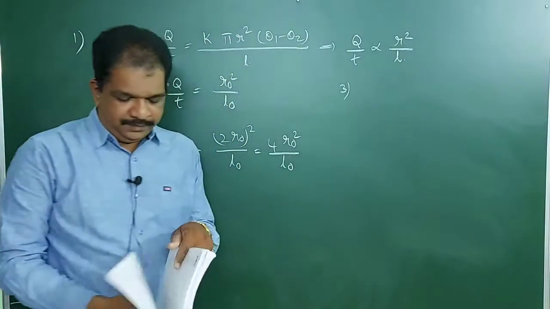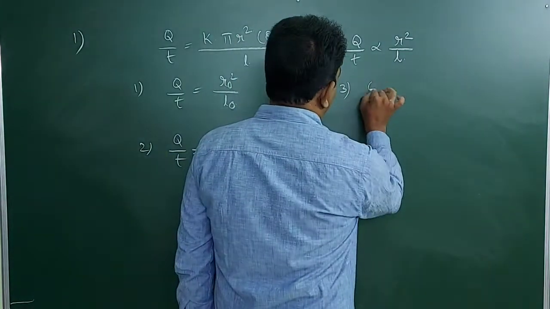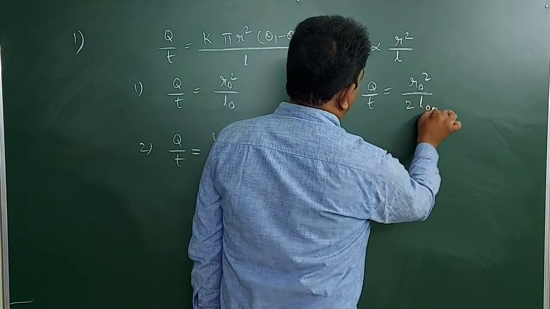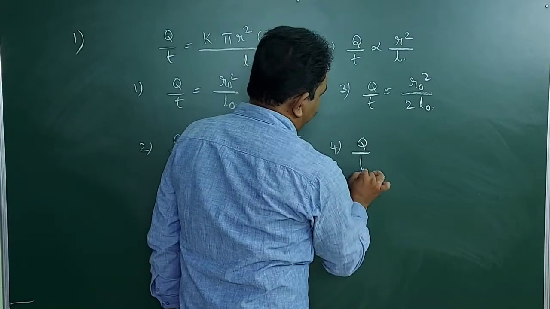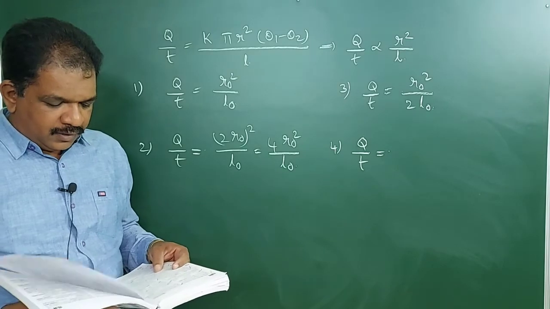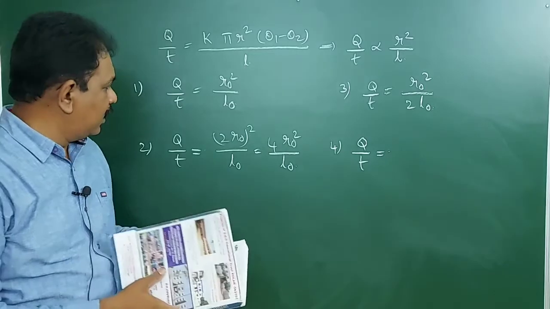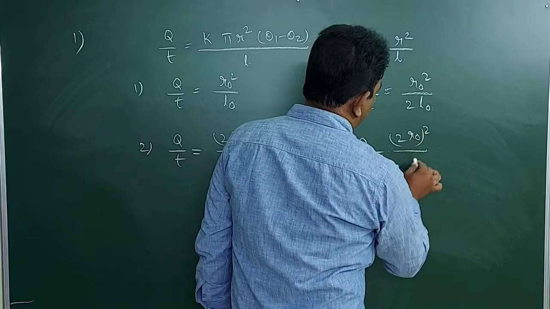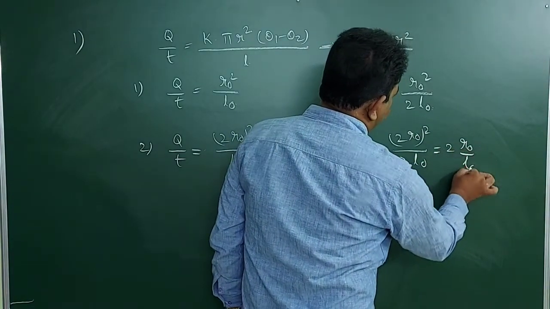Third one, R naught and 2L naught, R naught square by 2L naught. Fourth one, 2R naught and 2L naught, so (2R naught) whole square by 2L naught, this will be 2R naught square by L naught.